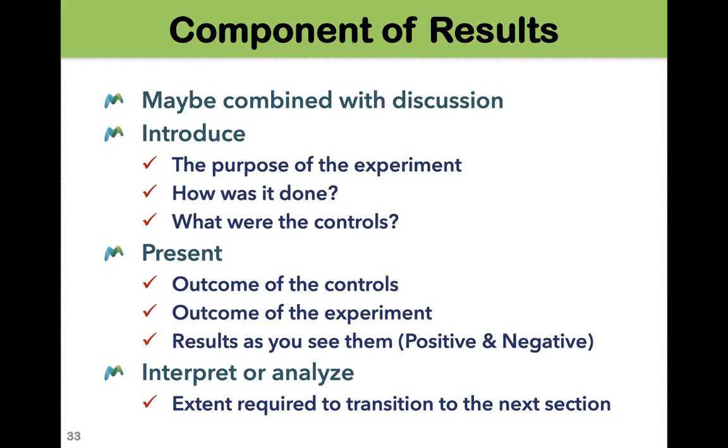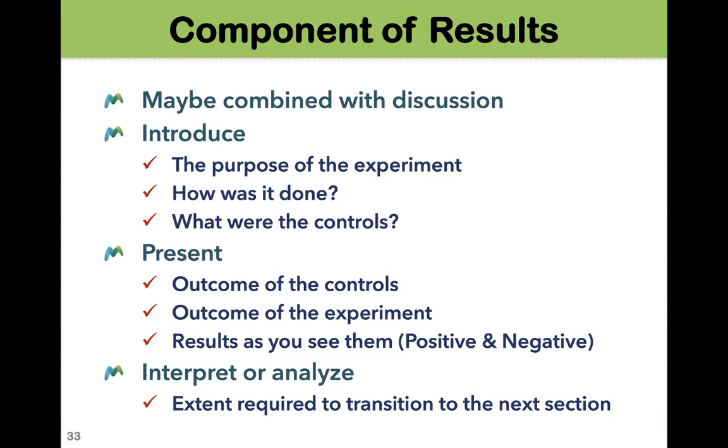So, again, I told you it's a simple recipe, right? What is the recipe? First, introduce the purpose of the experiment. Second, you explain how it was done. And third, you explain what the controls were, right? It doesn't matter if it's a computational experiment or a laboratory experiment or a simulation, right?